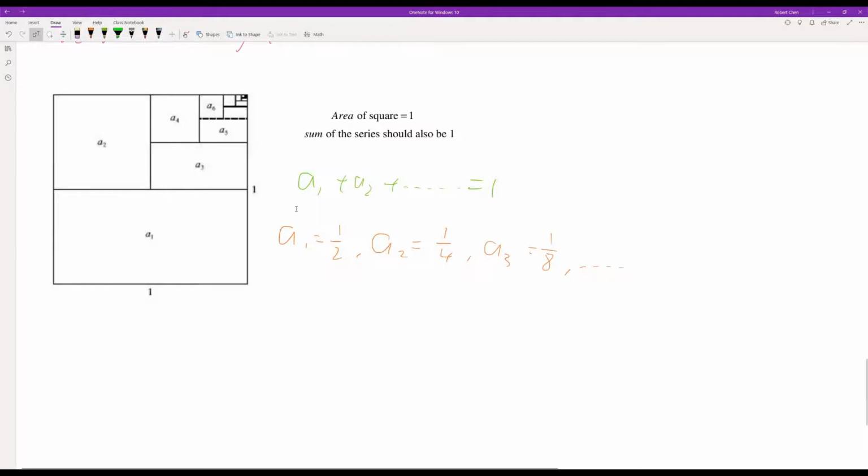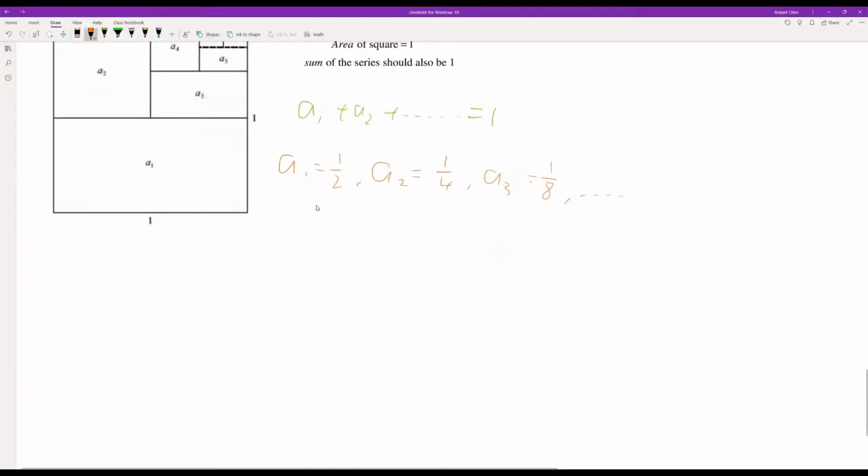So what we're looking at is we want to find the infinite sum of all these little areas, right? Starting from A1, A2, and so on. So it's 1/2 plus 1/4 plus 1/8 plus 1/16 plus dot, dot, dot. Okay, so it's an infinite series.